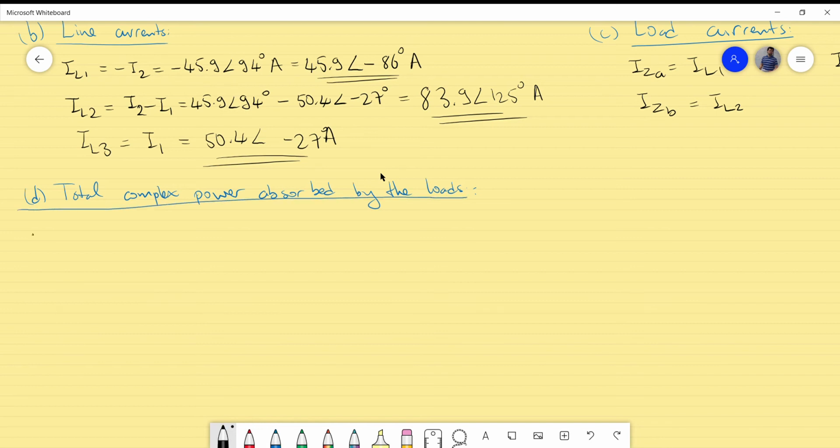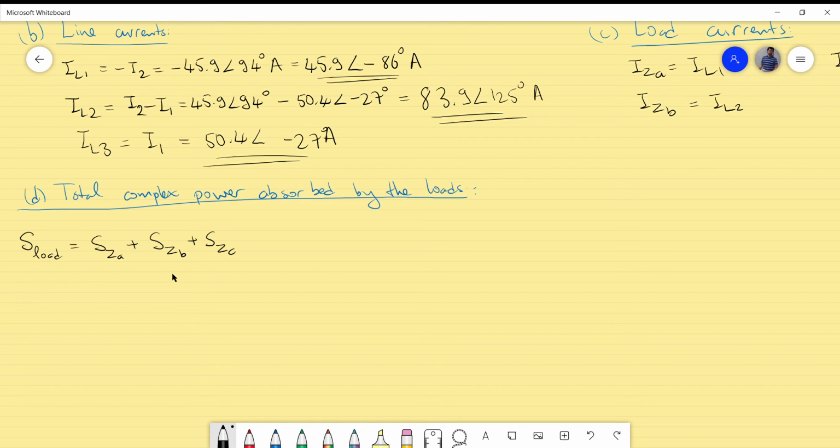If I have S of load, which will be a summation of S of ZA, due to the impedance ZA, S of ZB, and S of ZC. If I know each of them and I just add them up, a summation in linear form, I will have the answer.